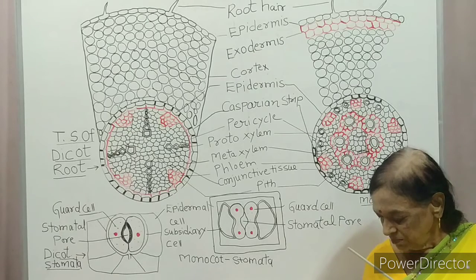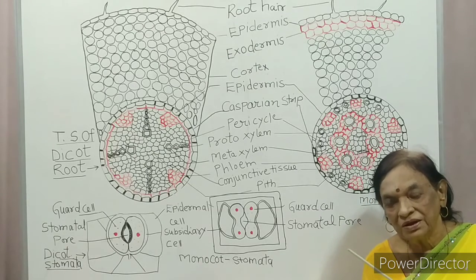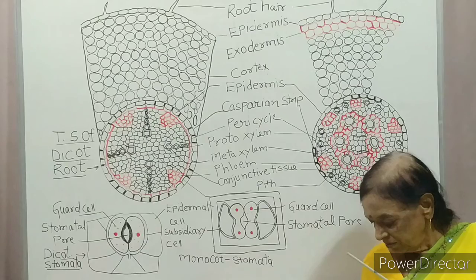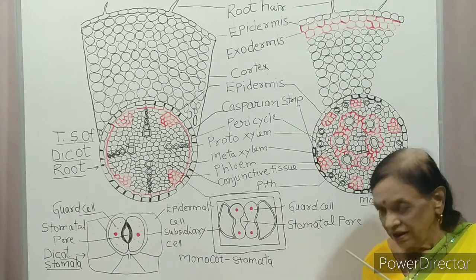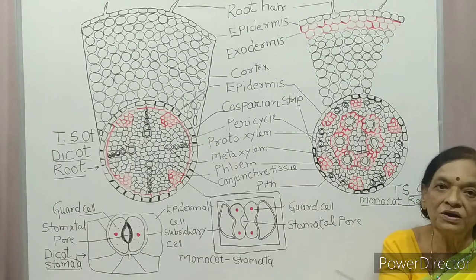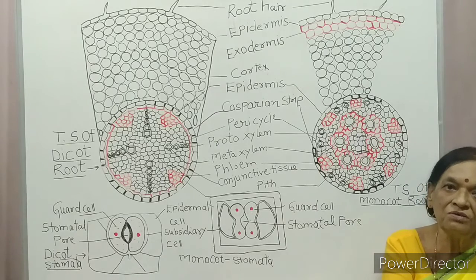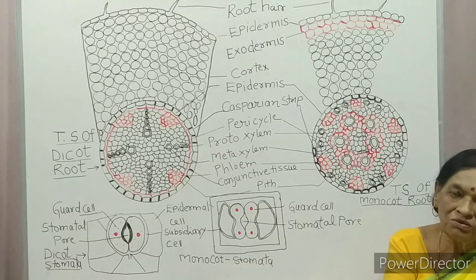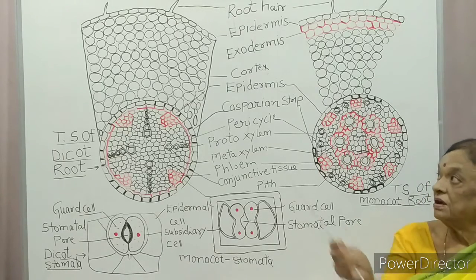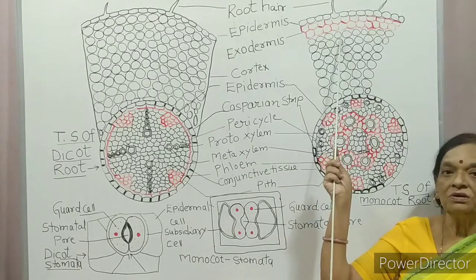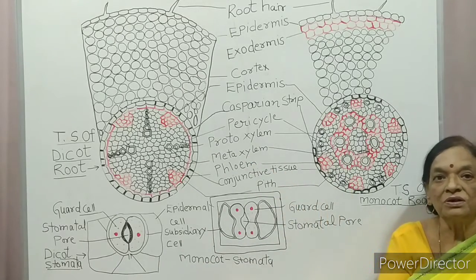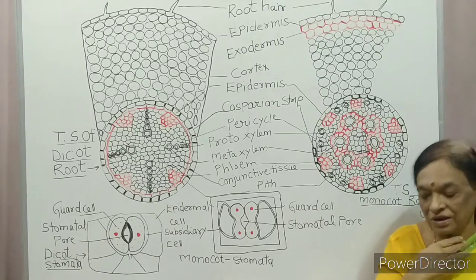Ground tissue system consists of parenchyma, collenchyma and sclerenchyma. According to function of the organ, ground tissue consists of parenchyma, collenchyma and sclerenchyma.